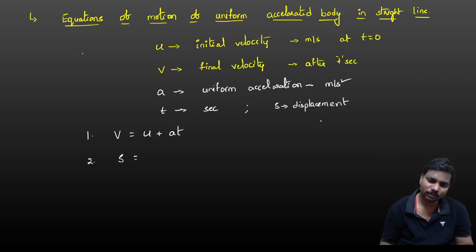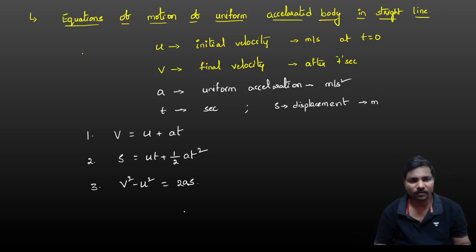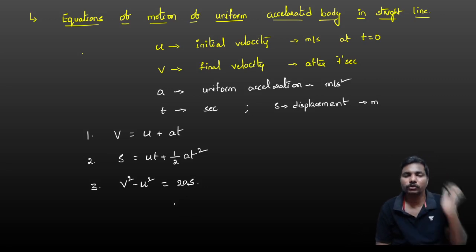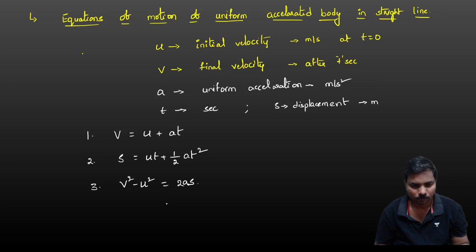In a straight line, generally displacement and distance are equal, in meters. s = ut + ½at². The third equation: v² − u² = 2as. These three are very important, and they are generally called the equations of motion. So note down these three.